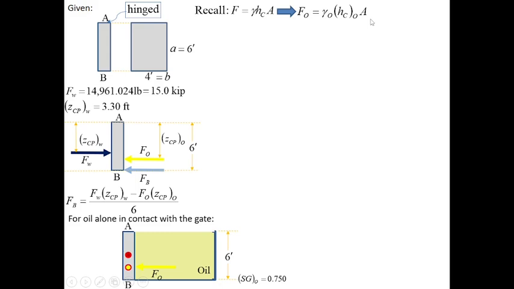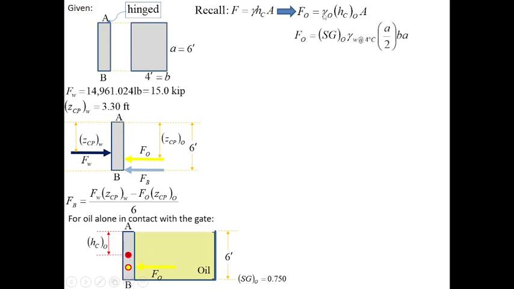Okay, so in this case, this distance, take note, is HCO. Okay, so that is HCO. Take note that HCO is the distance between the free liquid surface down to the centroid of the gate.